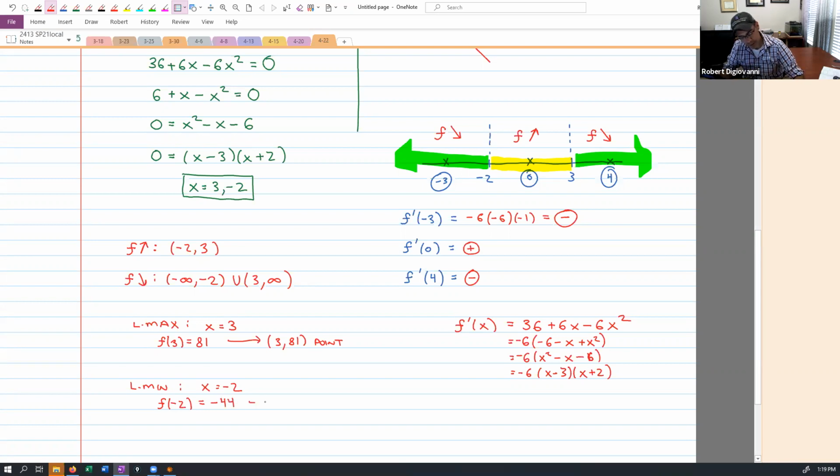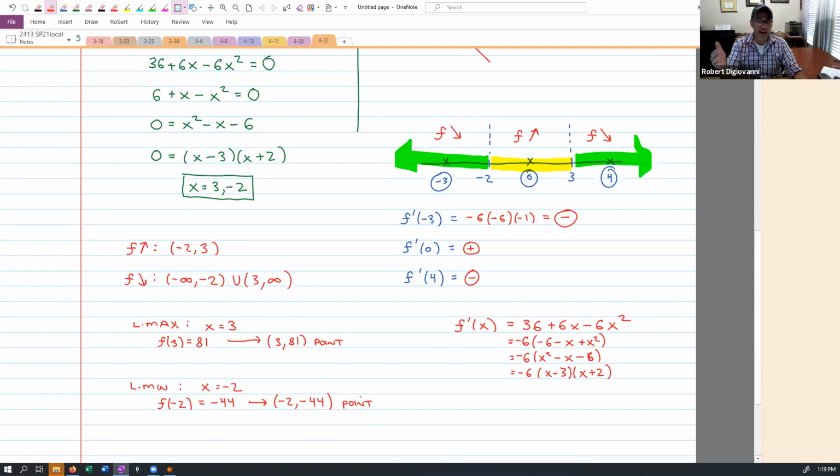I'll double check it in a minute when we look at the graph. So (-2, -44) is the point right here where we have a local minimum. Not a global minimum, not an absolute minimum. This is a local minimum.